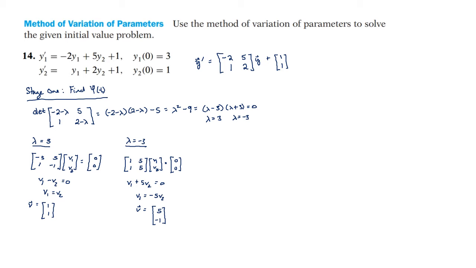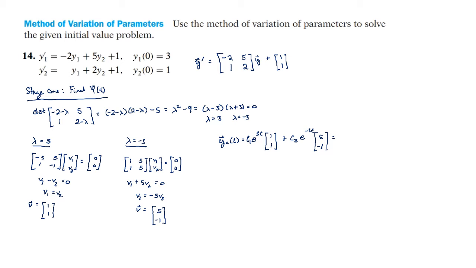Now that I have my two eigenvalues and my two eigenvectors, I can write down my complementary solution. I would have e to the 3t multiplied by vector 1, 1, multiplied by constant 1, plus constant 2 multiplied by e to the -3t, which has the eigenvector 5, -1.